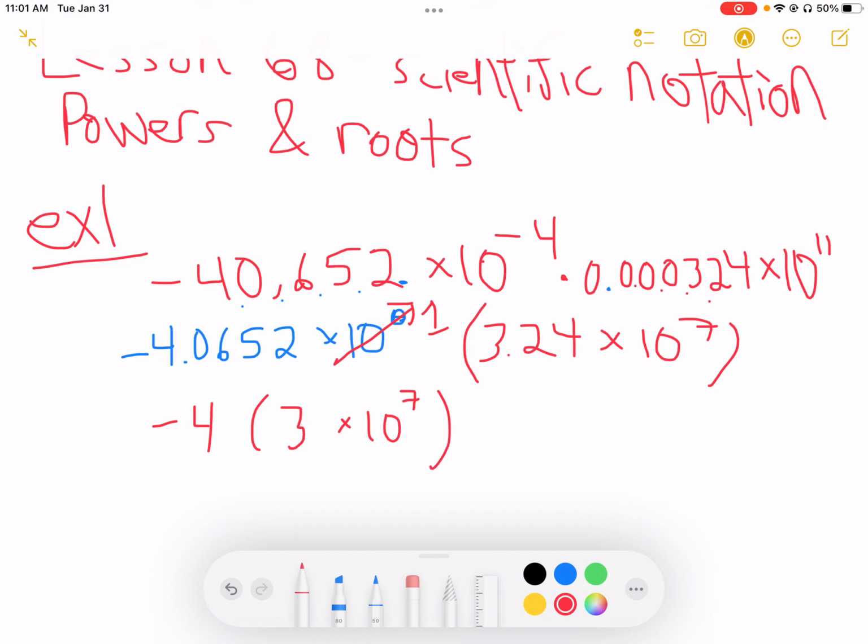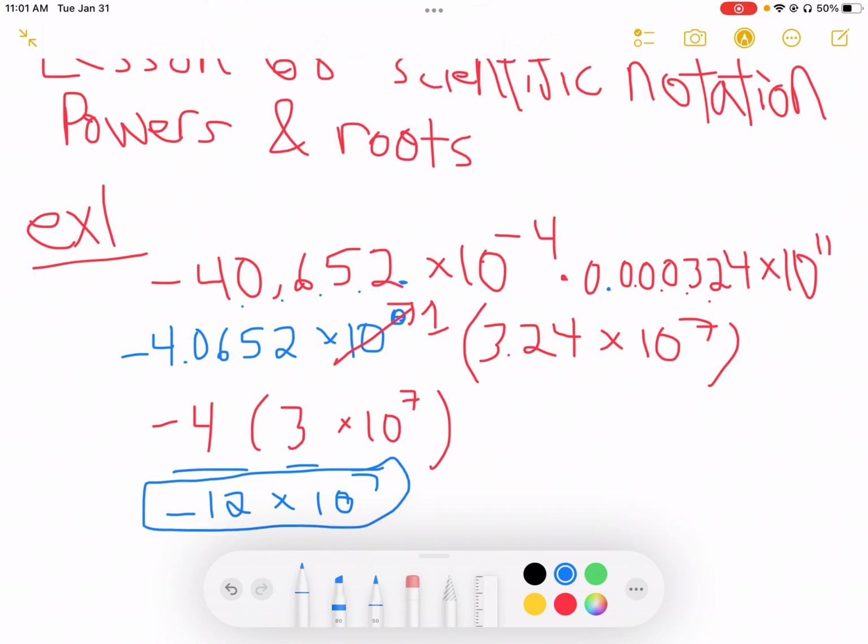It's sort of like my coefficients and my variables almost, right? But I have my minus 4 here, it's times 1, so I can just write it like that, and then I have 3, so I can get minus 12. And then I just have minus 12 times 10 to the 7. Okay, so that is the estimation of my answer. This is going to be pretty close to that. Go ahead and use your calculator just to make sure you can get that. But that's what they want you to get for that one.